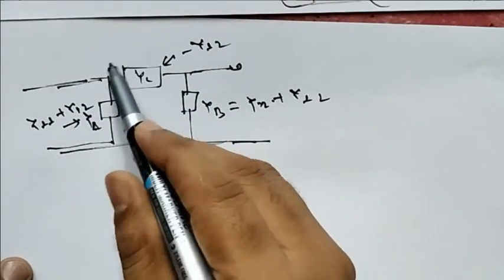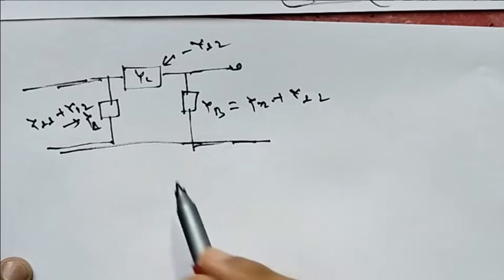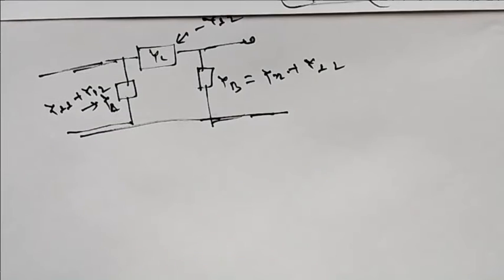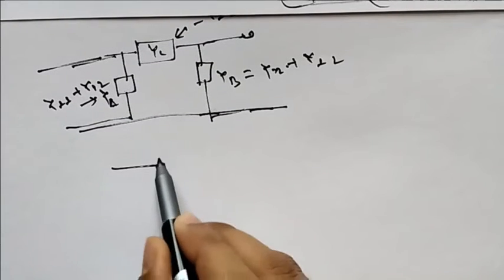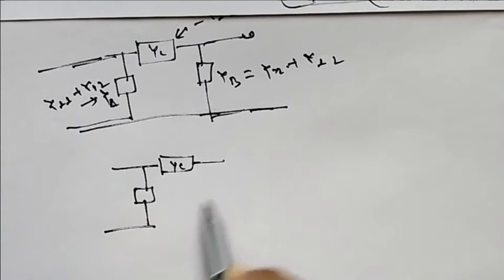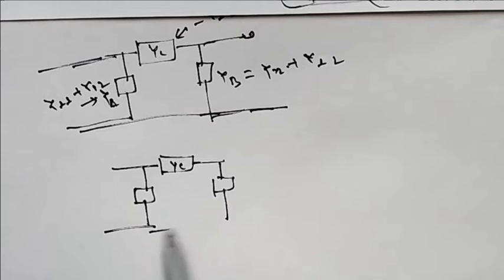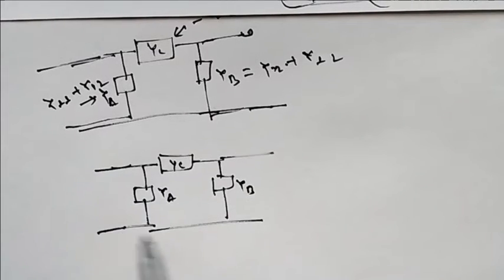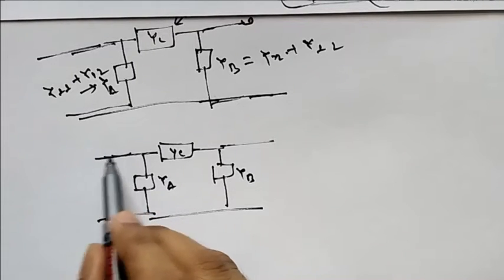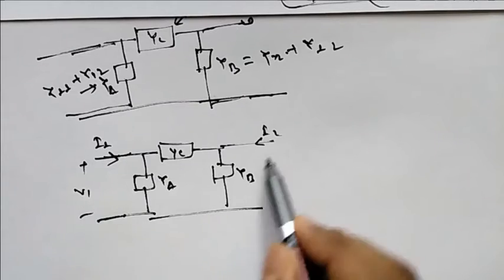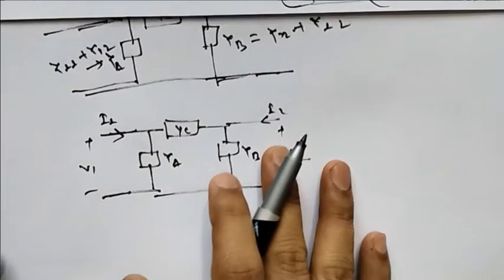Now if you want to convert this y into z, then for that we are just going to proceed slowly. Taking this network again, this is your yc, this is ya, this is your yb. Now I am writing in the most general form, this is i1, and this is your i2, this will be your v1 and this is your v2.